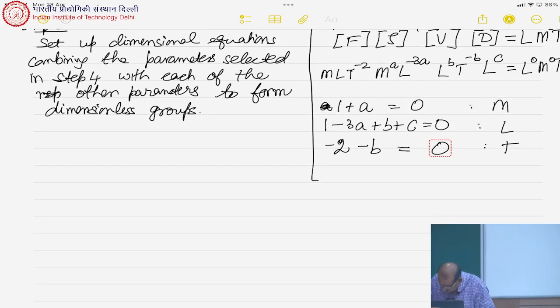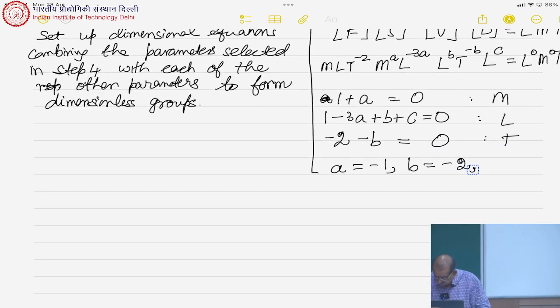So this gives me a is equal to minus 1, b is equal to minus 2, and c will also come out to be 1 minus 3a, so 4 minus 2.